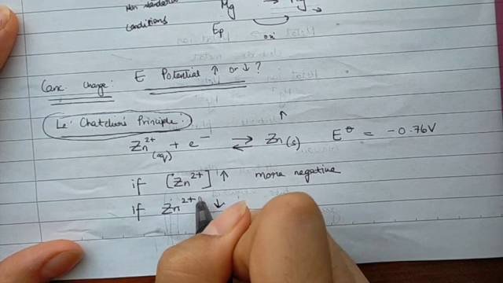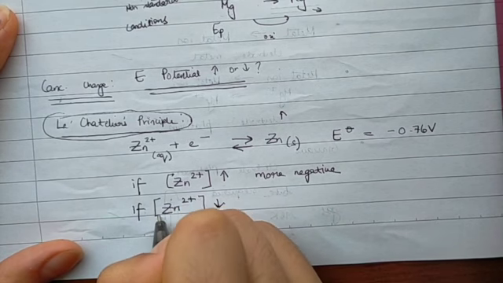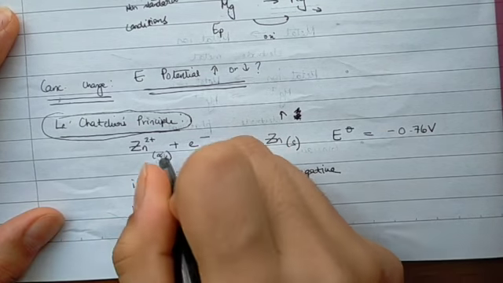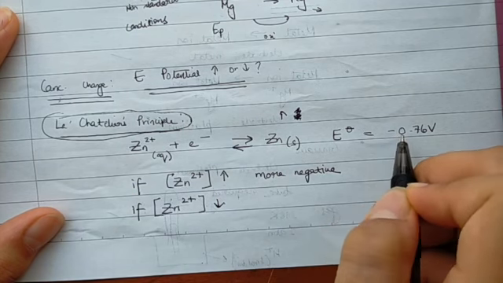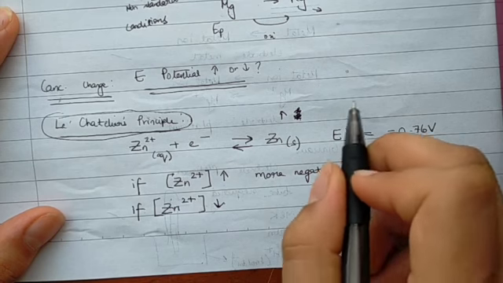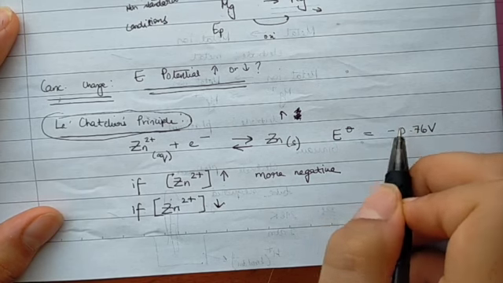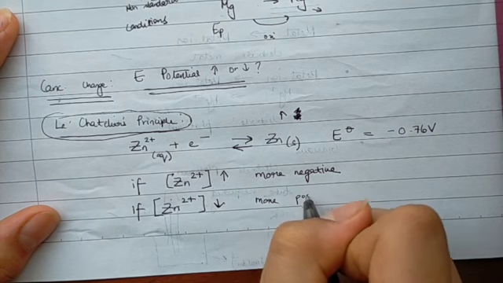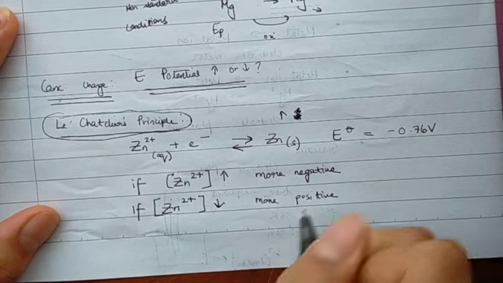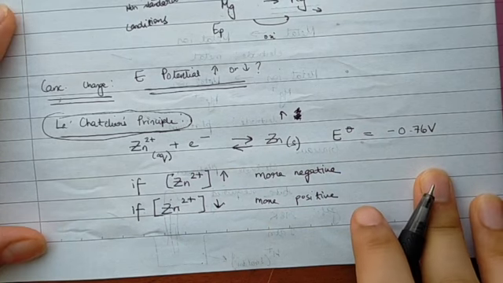And then if the concentration of Zn2 plus decreases, then the backward reaction will be favored, and so the electrode potential will become more positive because the forward reaction is more negative, so the backward reaction will cause it to be more positive. And that is basically a general rule that you have to apply.